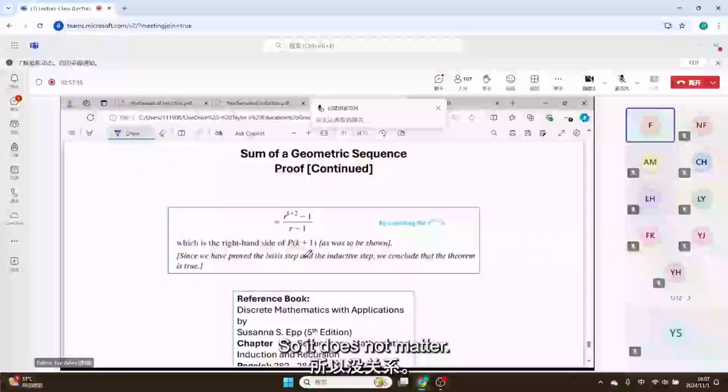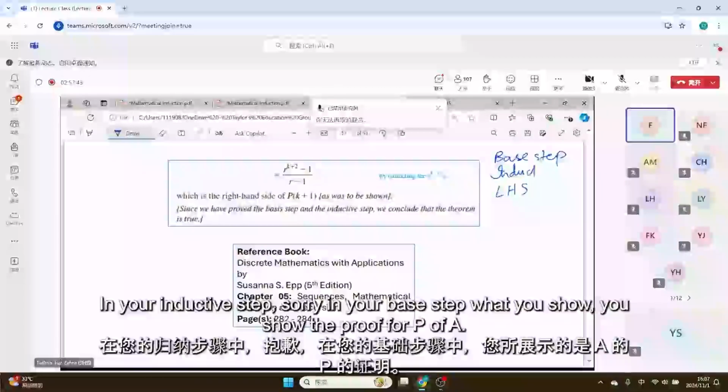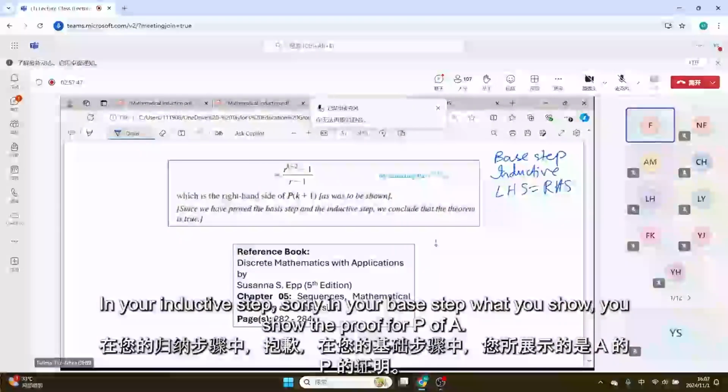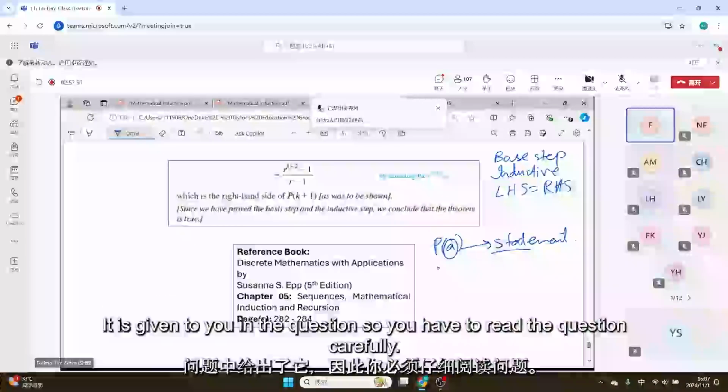It doesn't matter. The main thing is that you show your base step and you show your inductive step. In your base step, you show the proof for P of a. Here a is present in the statement given to you in the question, which is usually the smallest integer, or whatever is given in the question, so you have to read the question carefully.